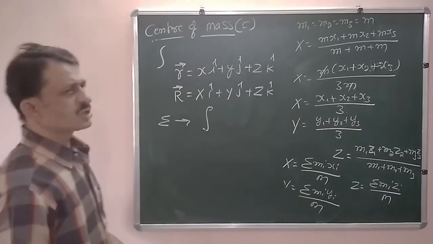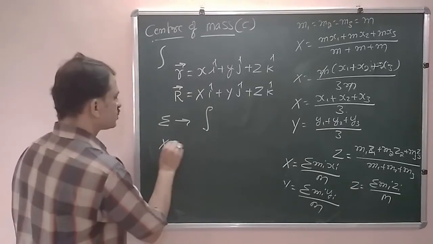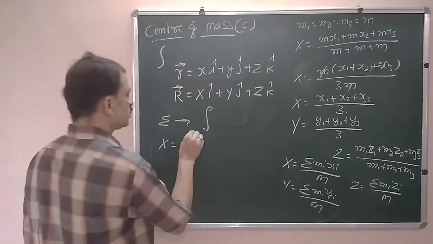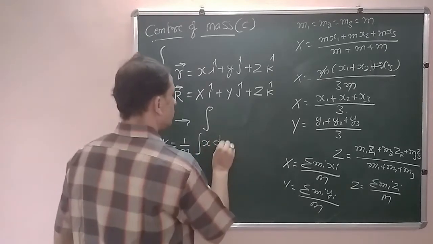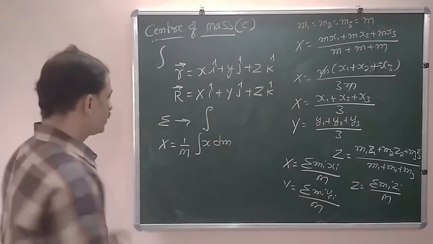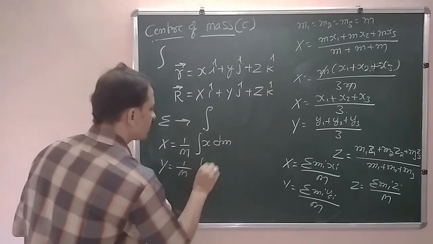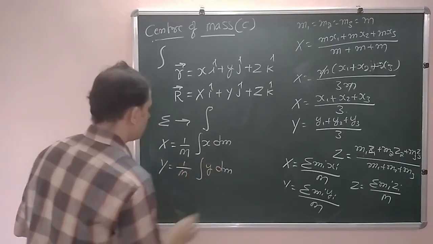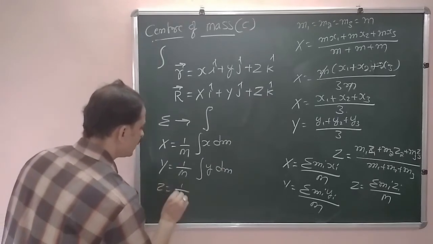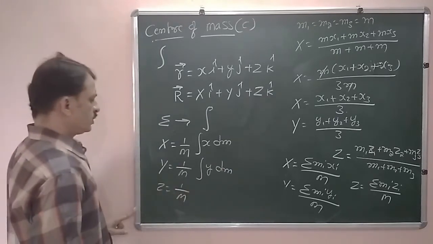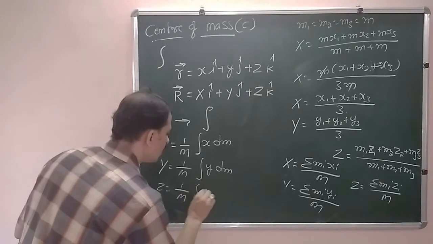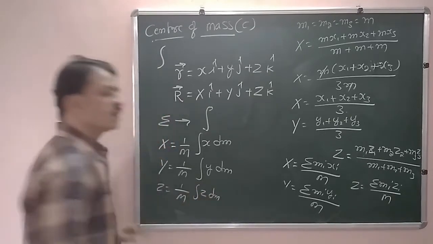So with that notation, we can write X equal to 1 by capital M integral of x into dm. Similarly, Y can be written as 1 by capital M integral of y into dm. Z can be written as 1 by M integral of z into dm.